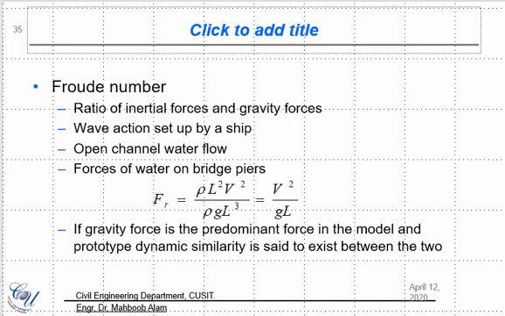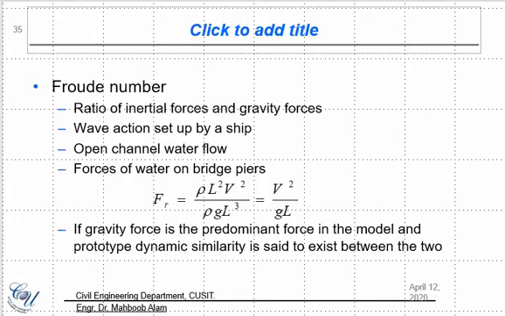Another dimensionless number that you have used quite a lot is the Froude number. When we were calculating critical flow, supercritical flow and subcritical flow, the criterion for us was the Froude number. And what basically is the Froude number? Froude number is just the ratio of inertial forces and gravity forces.